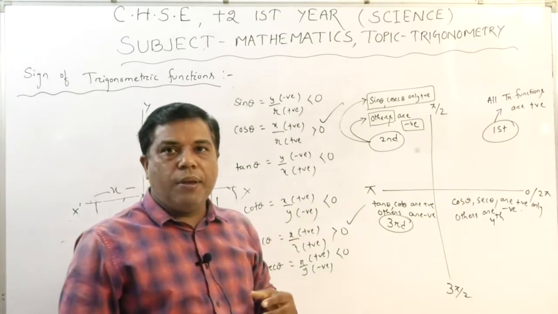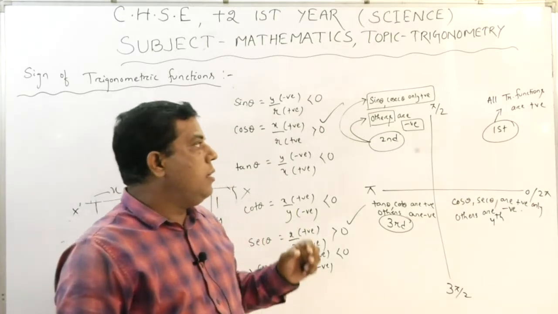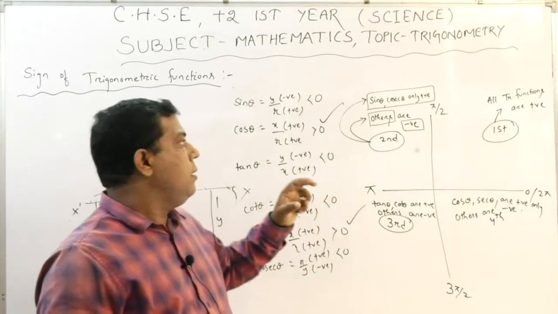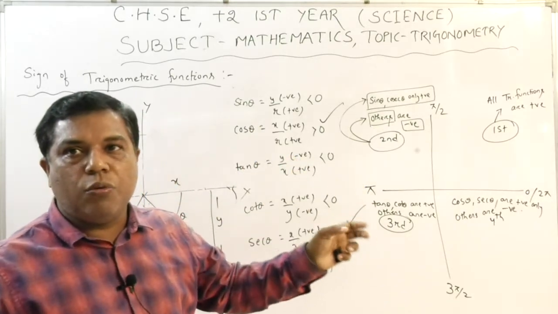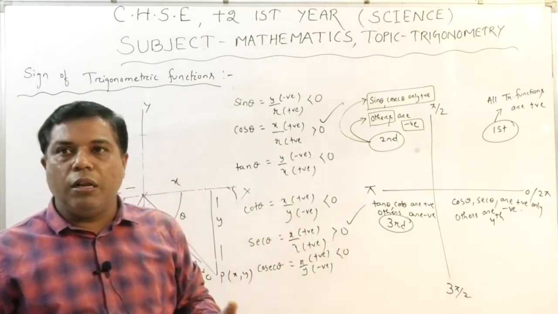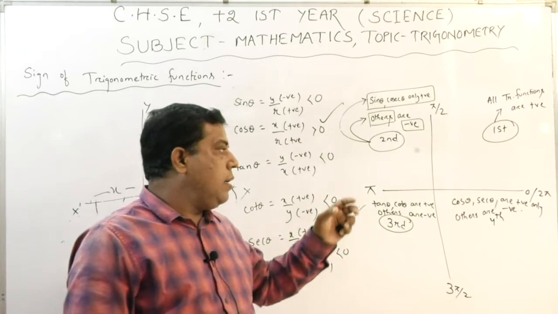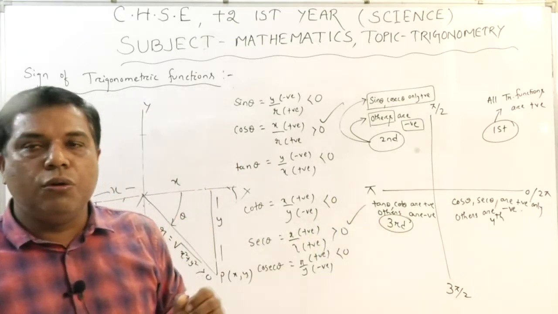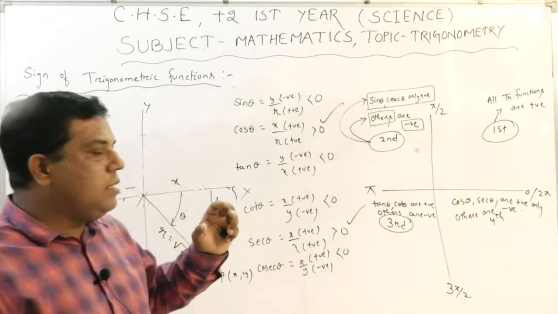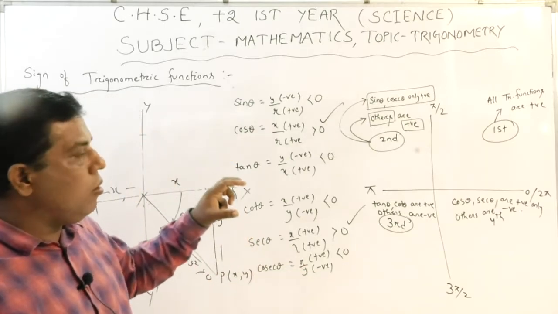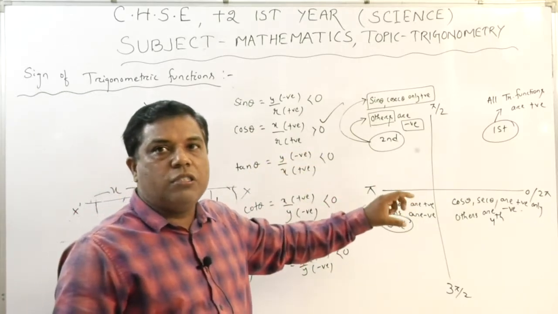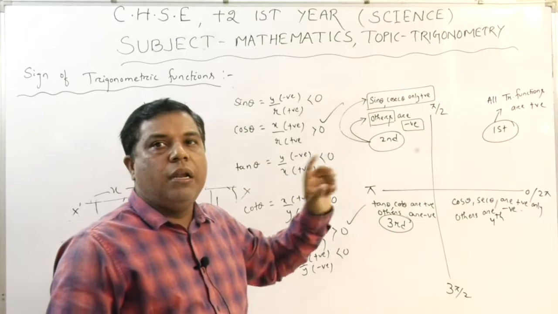All trigonometric ratios are positive in the first quadrant. Sin theta and cosec theta are the only ones positive in the second quadrant. Tan theta and cot theta are the only ones positive in the third quadrant. And cos theta and sec theta are positive only in the fourth quadrant. So this is everything about the signs of trigonometric functions in different quadrants.